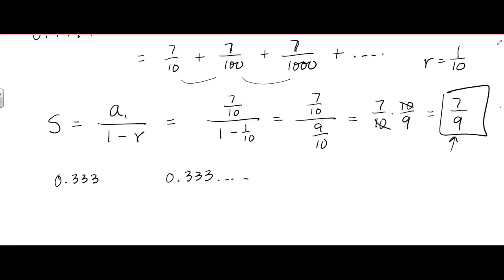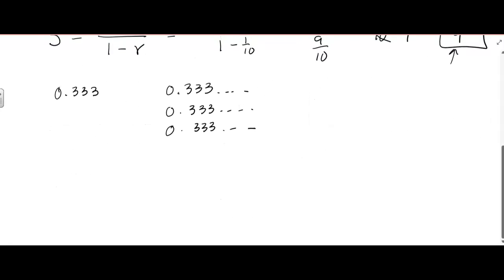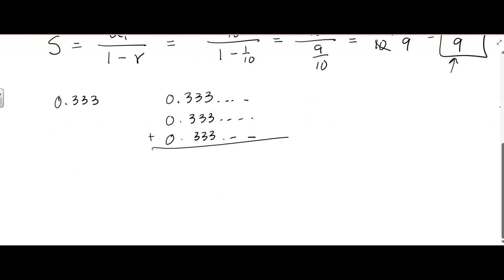And if you have 3 of those and you're adding those up, what are you going to get? You get 0.999, and it's repeating. So how do you figure out that sum of the infinite geometric series? You can do the same thing we were just doing a minute ago.